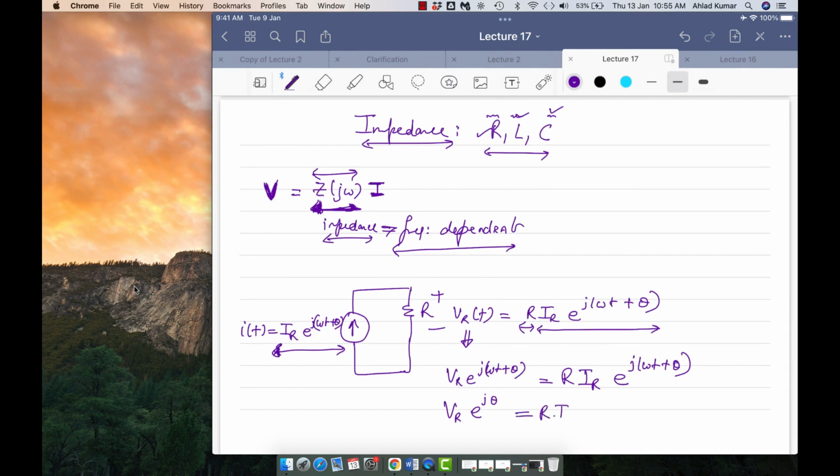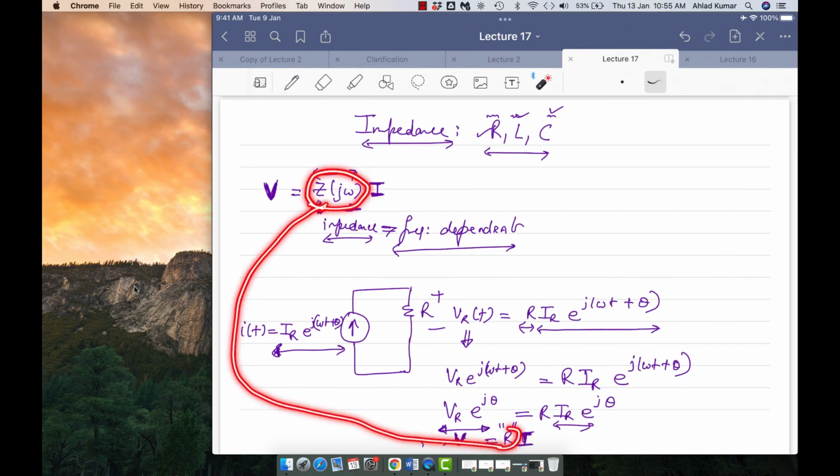So if we do that, what we have is e^{jθ}. If you have both of these together, this is bold V and this is bold I. Right or not? So this is bold V and this is bold I. And this part, which is R over here, is nothing but Z(jω).